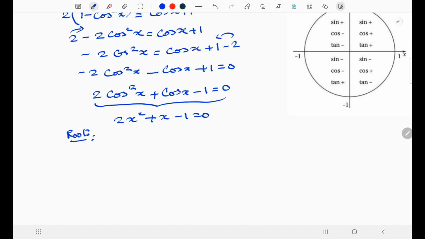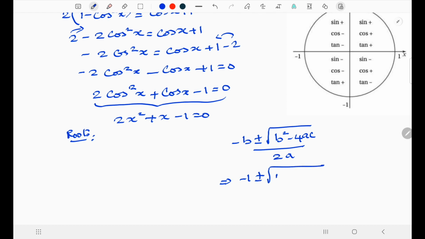Roots of x equal to minus b plus or minus root b square minus 4ac by 2a. So which implies, what is b here? B is 1. So minus 1 plus or minus root of b square, 1 square, minus 4 times, what is a? A is 2, 2 times, what is c? Minus 1, by 2 times a.